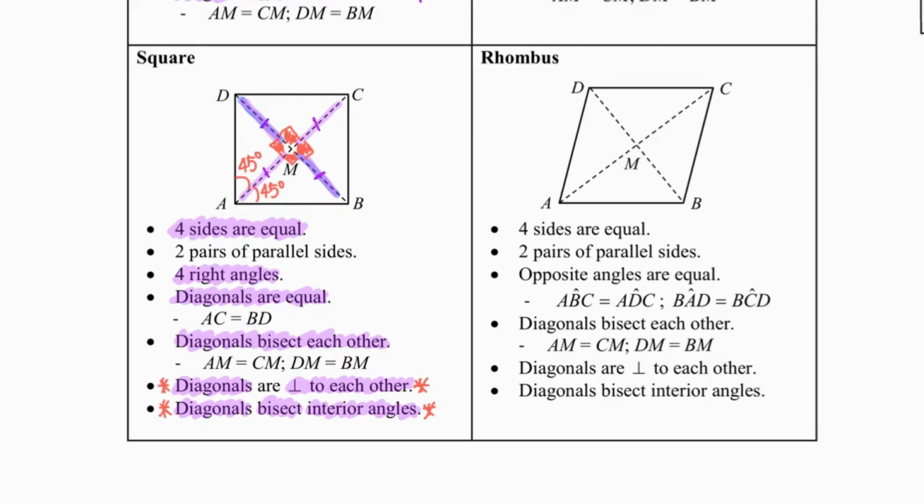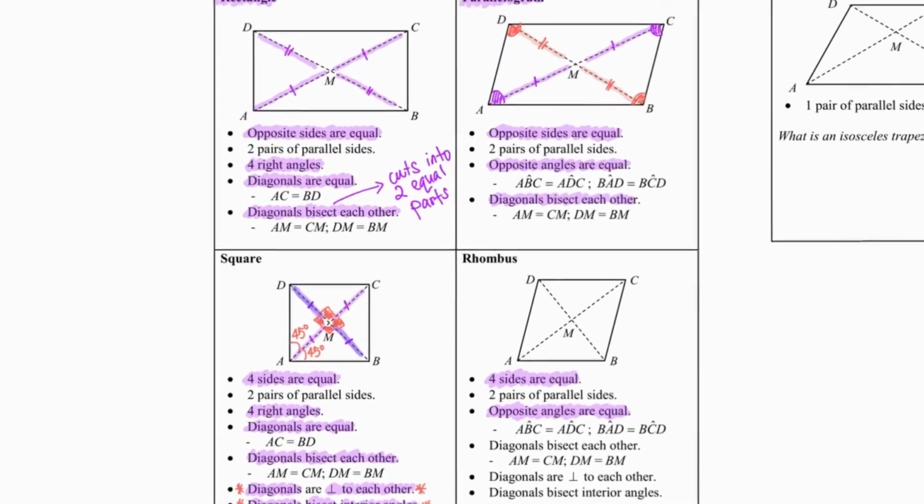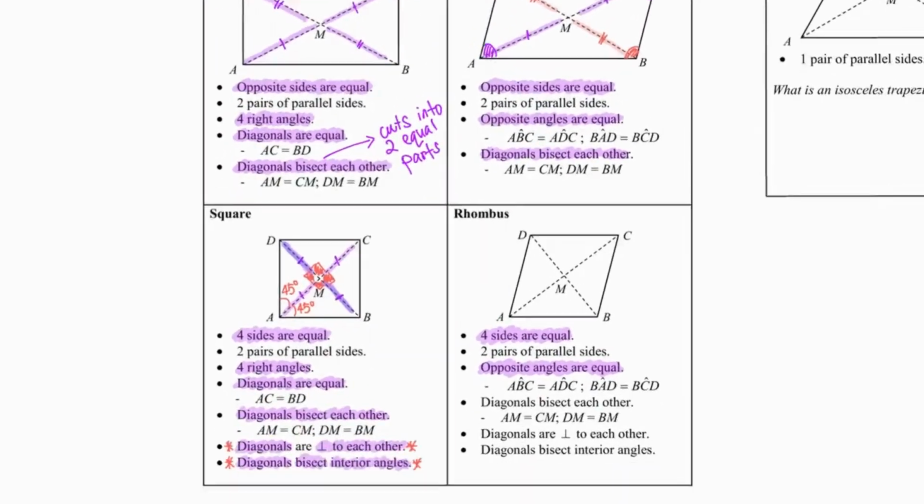Rhombus. Again, we like to use the equal sides. And because it is a special type of parallelogram, the opposite angles are the same, just like in parallelogram on top here.